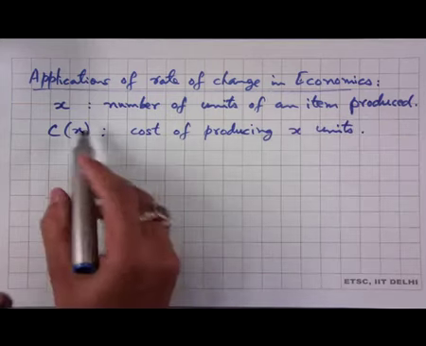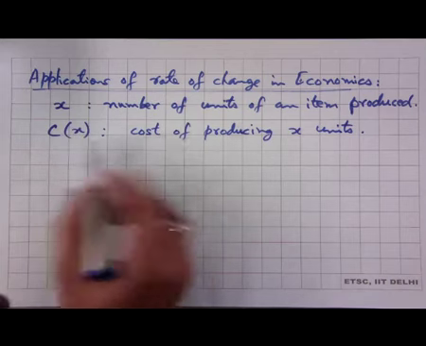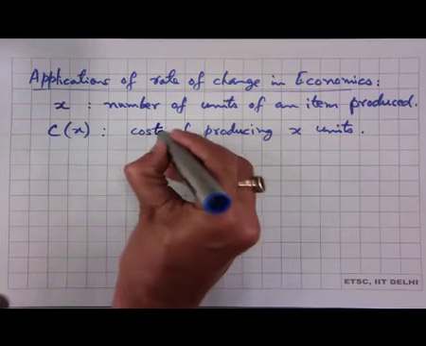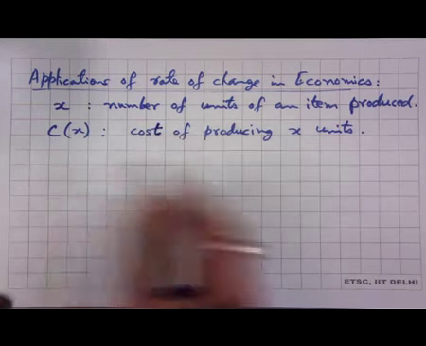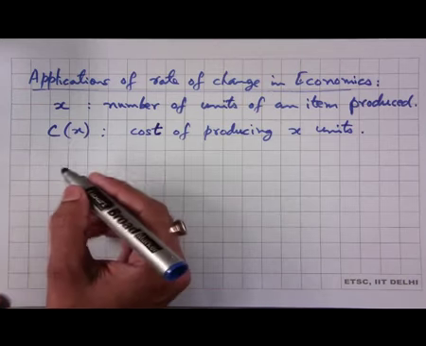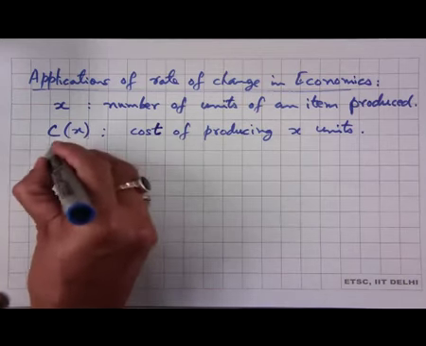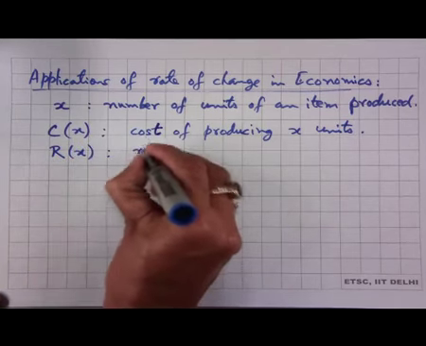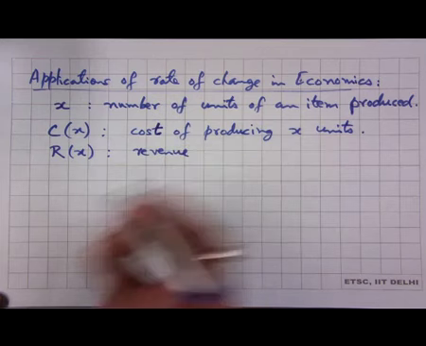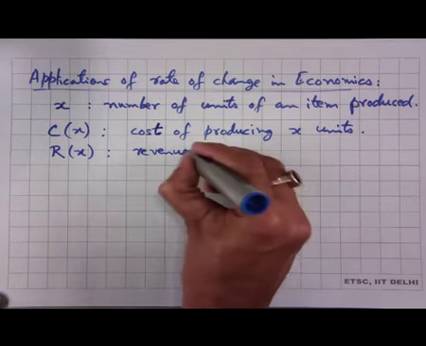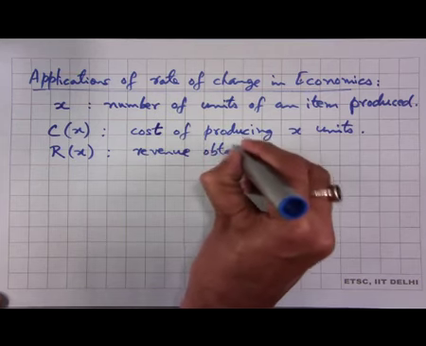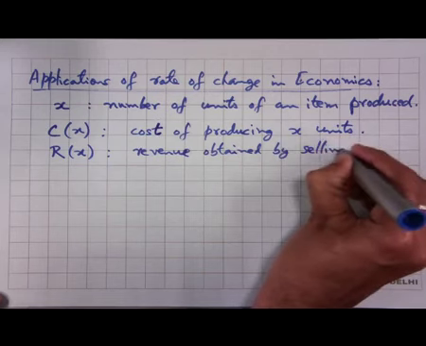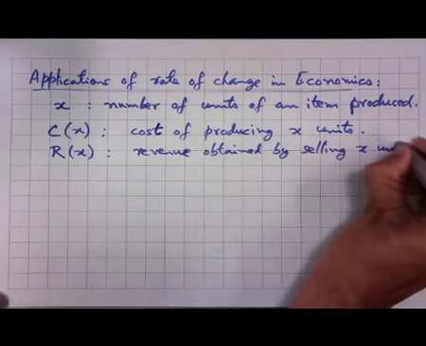So, this will depend on the number of units, the cost that the company has to spend on producing x units, that is C of x, and R of x, this denotes the revenue obtained by selling x units of the item.